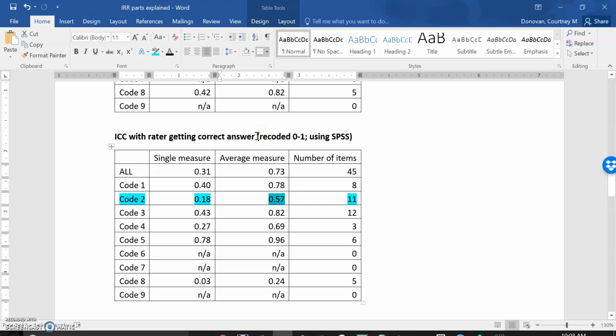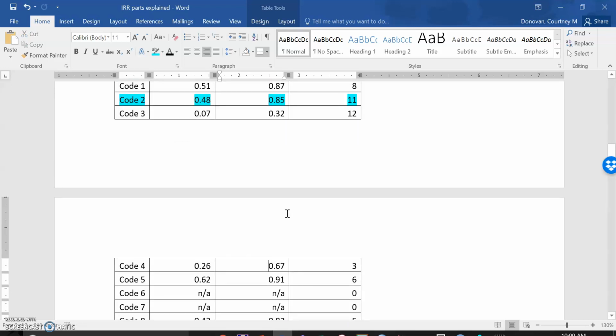Again, we need to understand what code 2 is, how they're interpreting it, and get everybody on the same page. Interesting though, when we look at code 3 by correct answer, we're getting consistency with correct answer across raters. So raters are more consistently agreeing with the right answer. They're not necessarily agreeing across the board on what code 3 is.